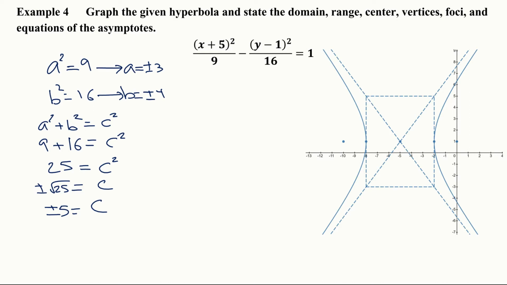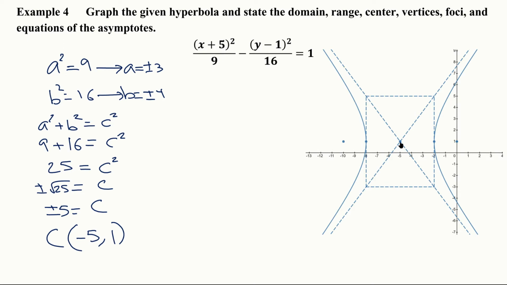So now we have the a and b, and we know the center. Center is going to be at negative 5, and since that's minus 1, you just take the 1. So it's going to be at negative 5, 1, as you can see here. Center at negative 5, 1.